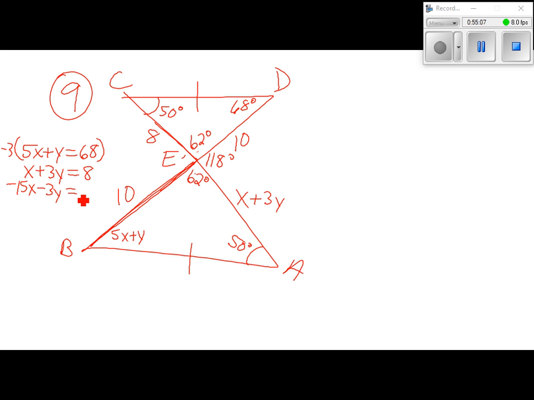What's negative 3 times 68? Negative 204. We add them straight down. 1x and negative 15x give me negative 14x, the y's cancel out. 8 and negative 204 give me how much? Negative 196.